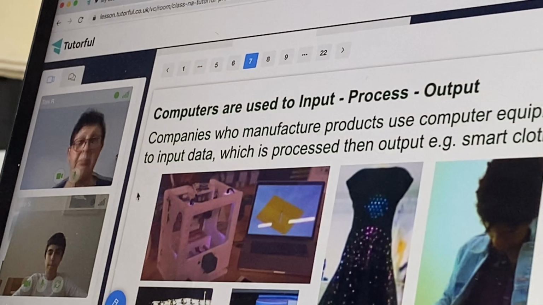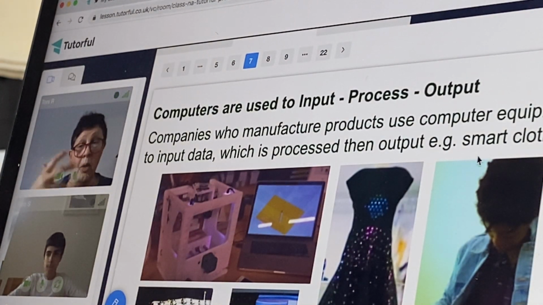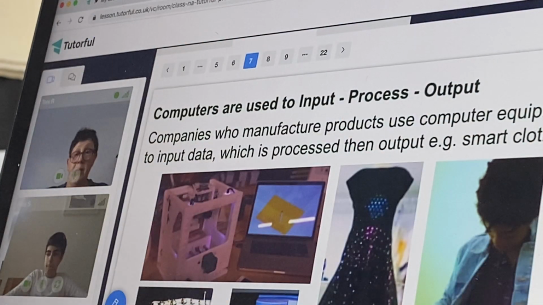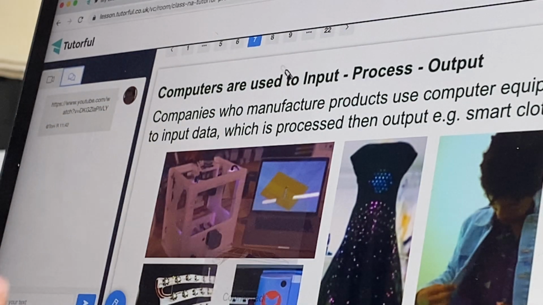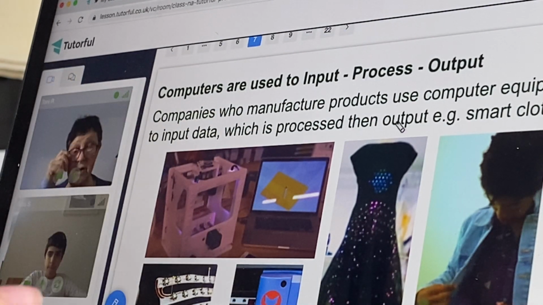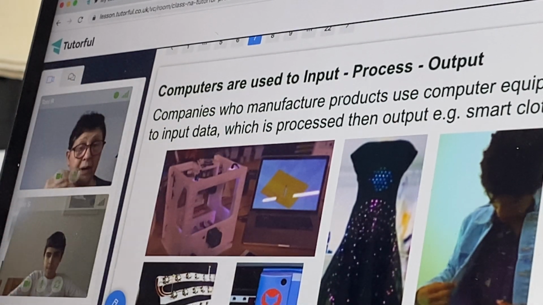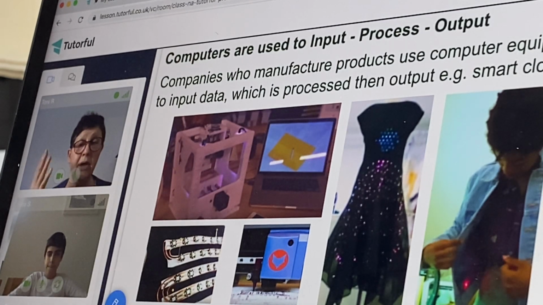So you'll remember this one from the video. So we've talked about input, process, output, but there are all sorts of things that computers can be used for, and people even now have smart clothing. So they're not just wearing their clothes, their smart clothing actually does something.